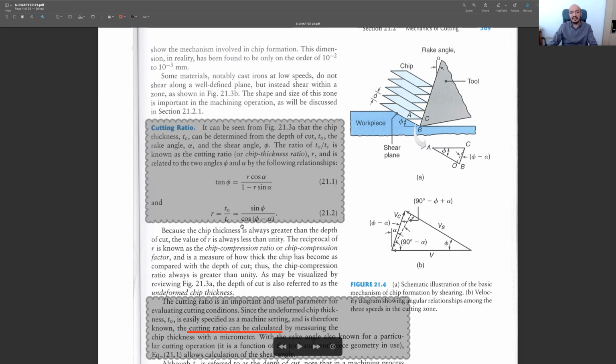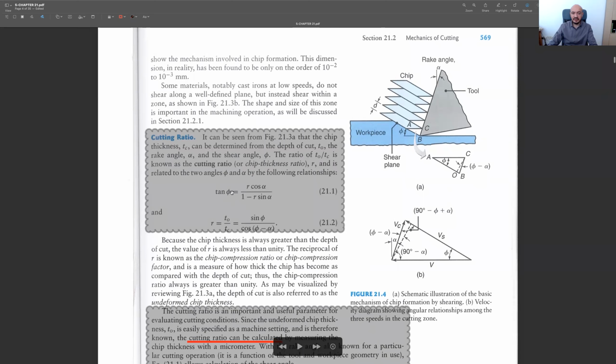This is the chip thickness ratio, or I'm sorry, the cutting ratio. We can sometimes call it chip thickness ratio. And as you see, it depends on the shear angle and the rake angle. And this is the angle we set during the operation, but shear angle depends on some other things I will discuss in a moment.